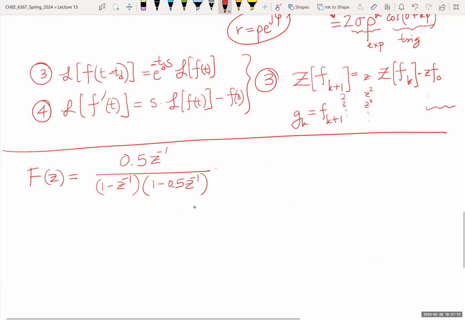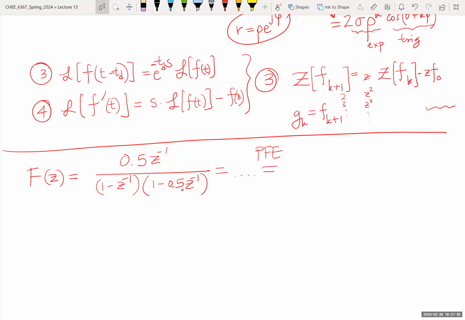Now, this I'm going to invert using the same technique I used in Laplace. If I had Laplace and I had something like 0.5s over 1 minus s times 1 minus 0.5s, how did I invert this? What steps did I take? Partial fractions, partial fractions expansion, and then invert each fraction, right?